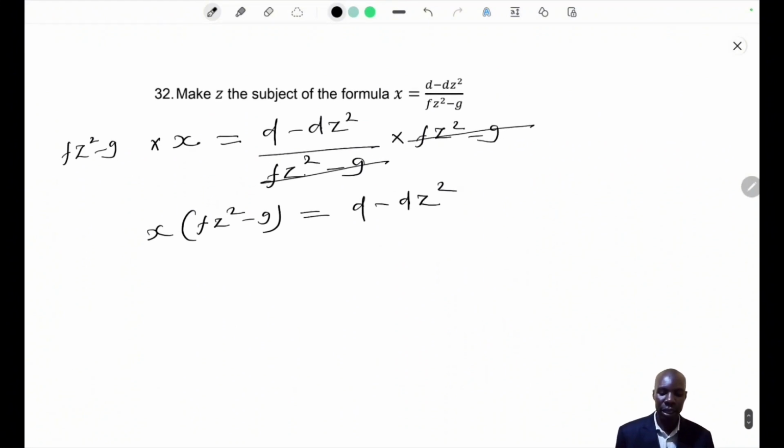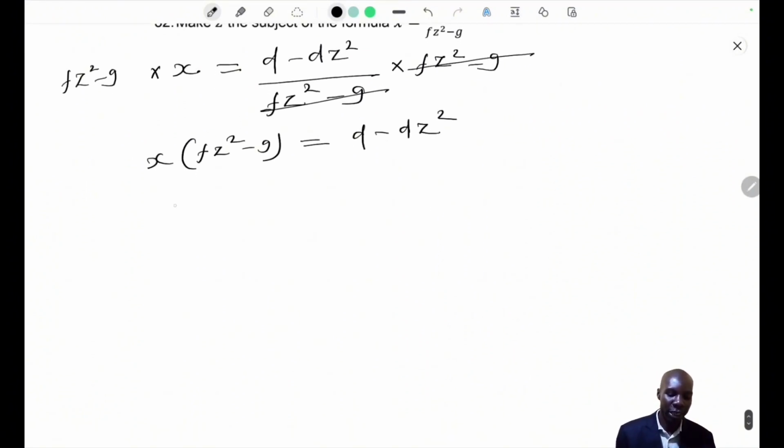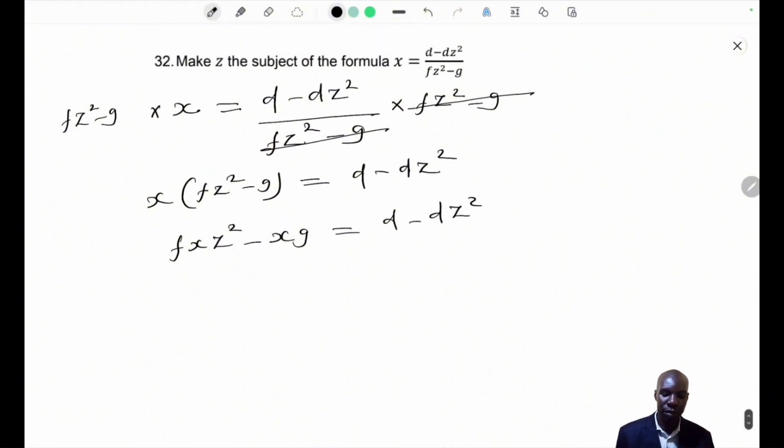Sorry, that is what we now have. Open the bracket: F X Z squared minus X G equals D minus D Z squared.